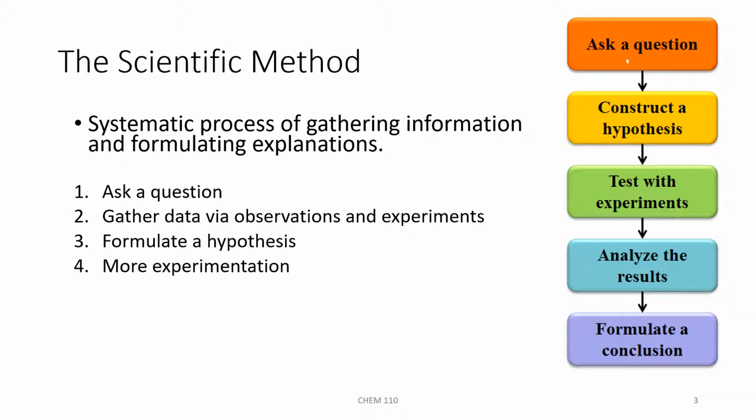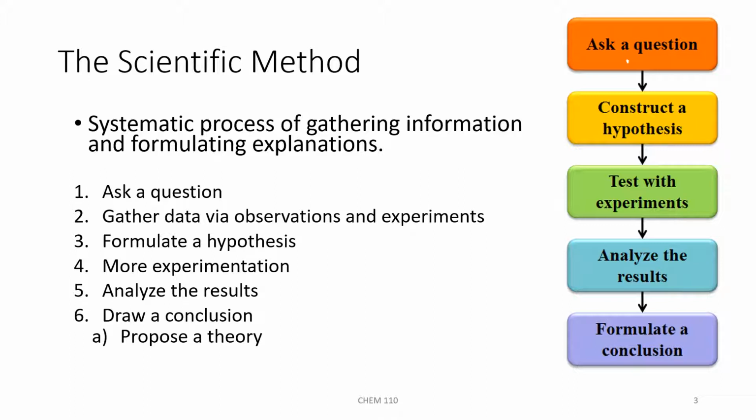Following our hypothesis, there's going to be some more experimentation. We want to analyze the results of our experiments and see if they agree or disagree with our hypothesis. From that, we can come up with a conclusion. Conclusions lead to 2 different things that we'll talk about more in depth on the following slides. We can propose what's called a theory, or we could develop a scientific law.